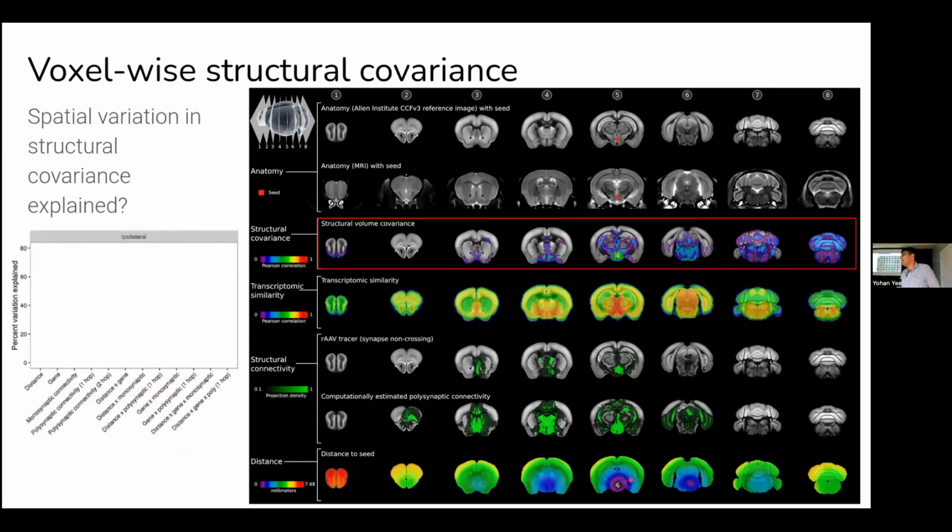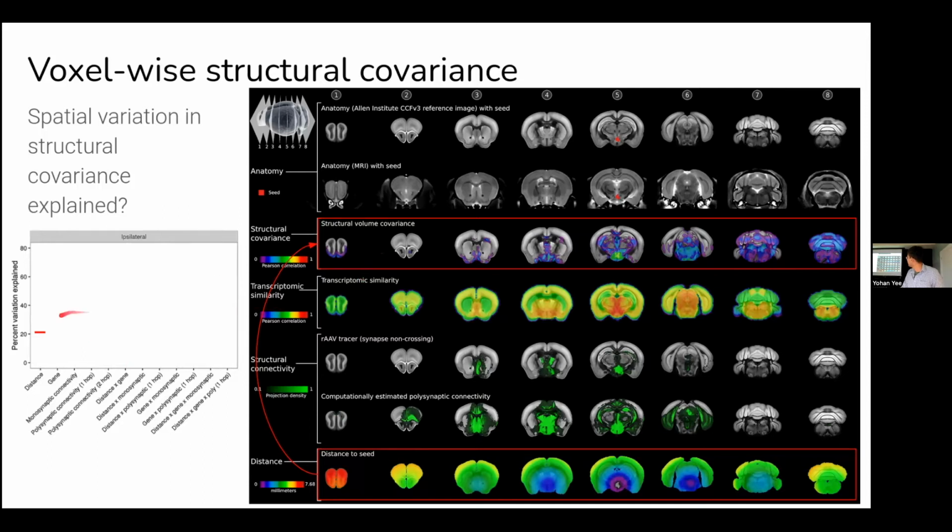So the question that we had was, how much variation in structural covariance can be explained? With the seed in the hypothalamus, we find that if we look at distance alone, you can explain about 20% of the variation in structural covariance.